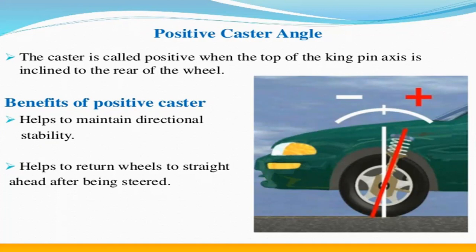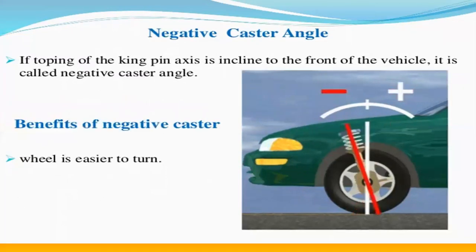After any turning, the wheel should rotate back automatically, and the vehicle moves straight on the road, with the steering automatically returning to its normal position. So those are the benefits of the positive caster angle.